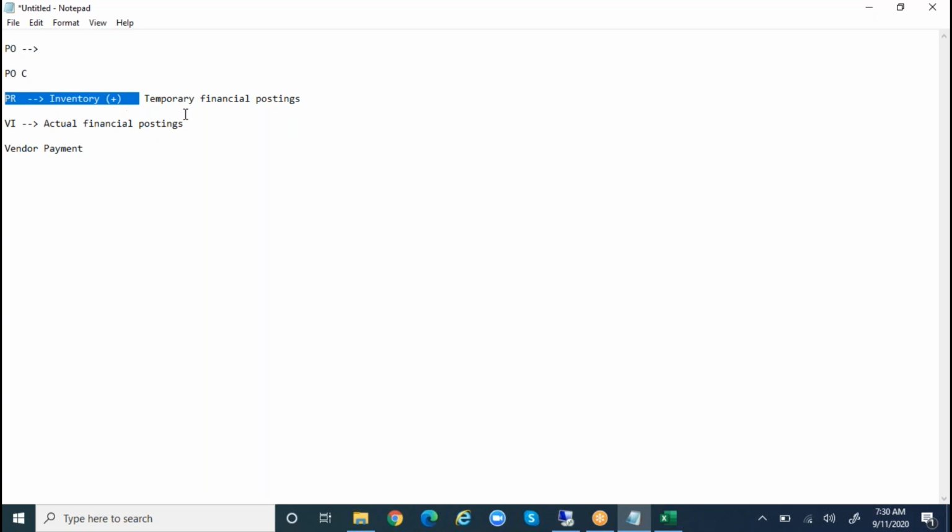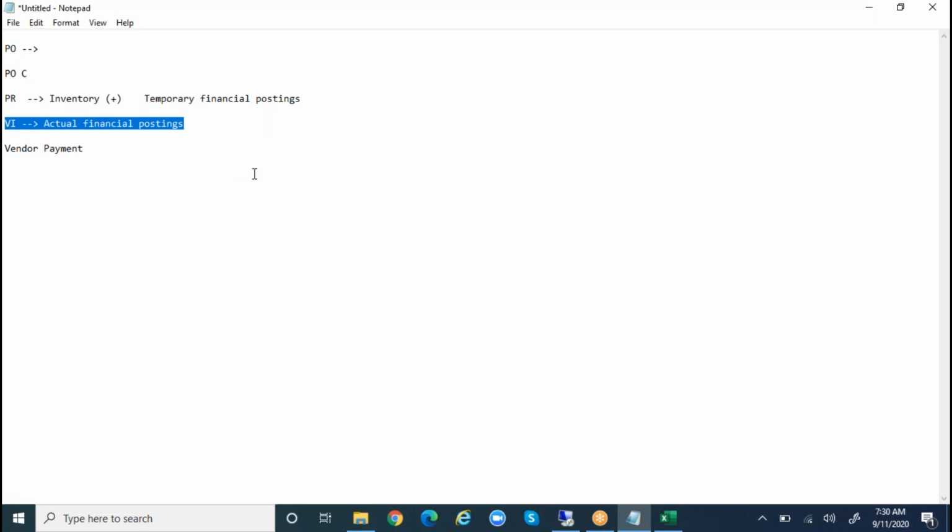Temporary it will show. Inventory we received, but we have not paid to the vendor because the invoice is not done, but that amount is showing. Yes, we will pay the amount once the invoice is received.